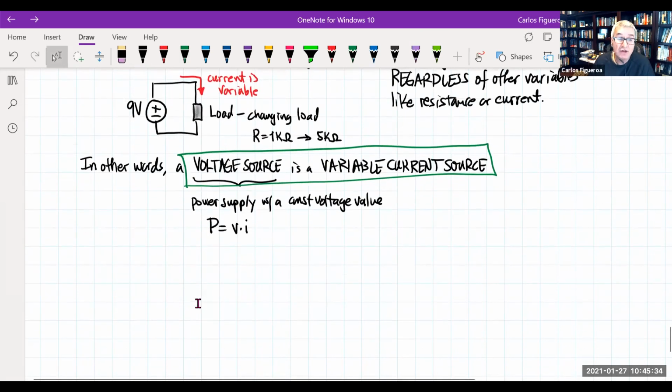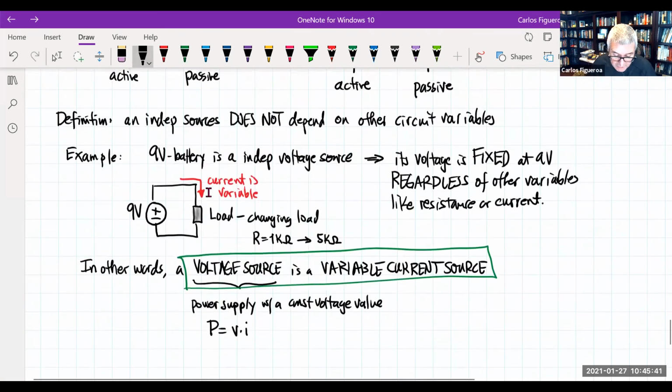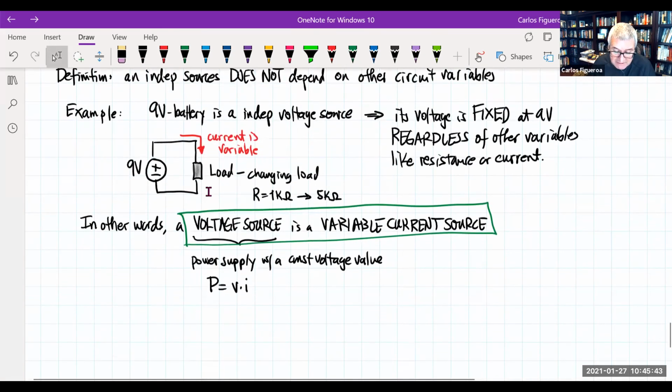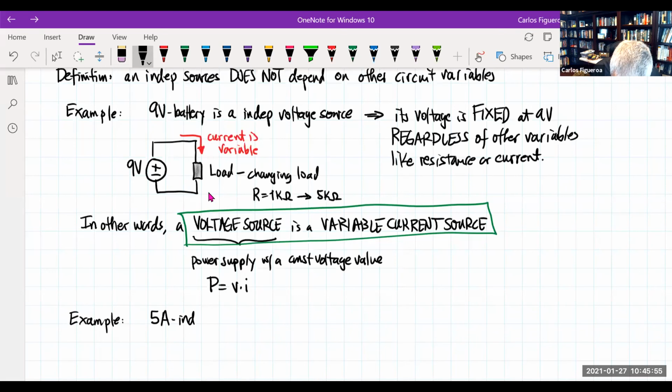Now, let's go to a current source here. So over here, I talked about a 9 volt source as an example. Now I'm going to say, as another example, what if I have a 5 amp independent current source?